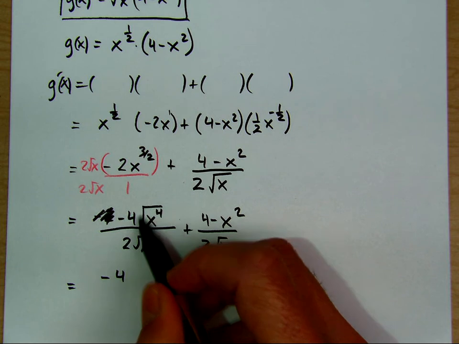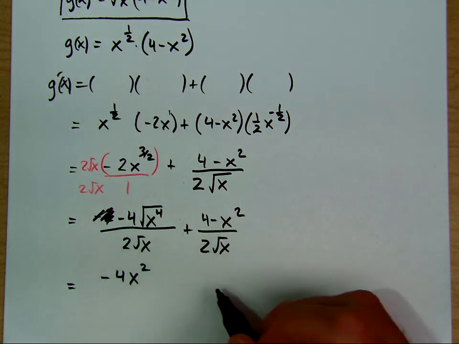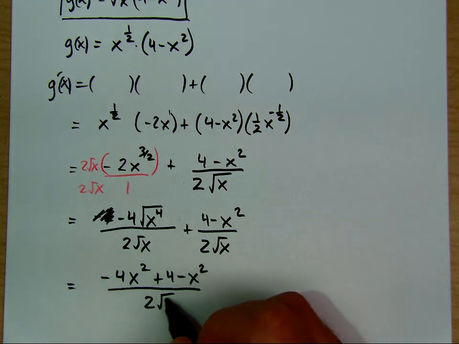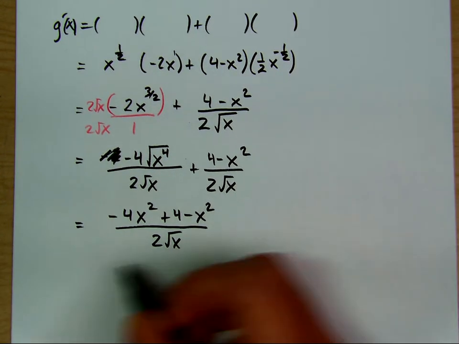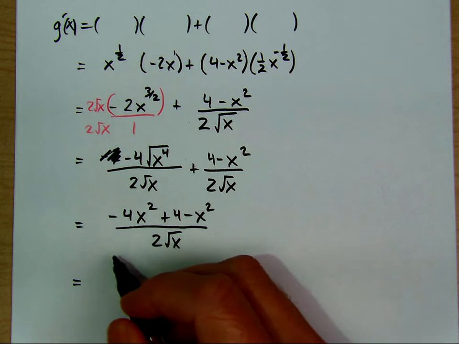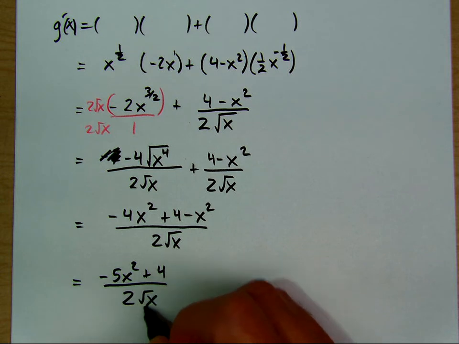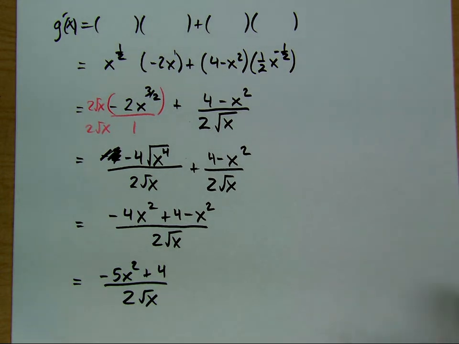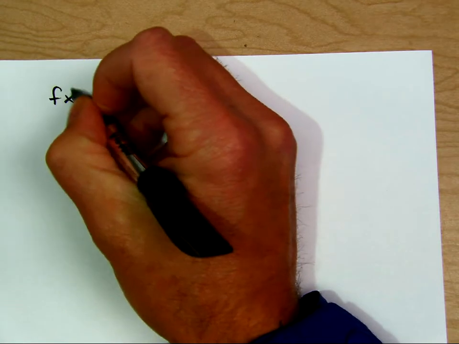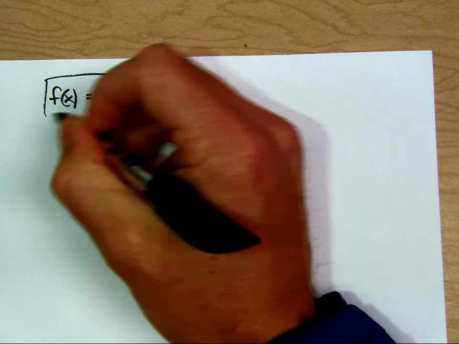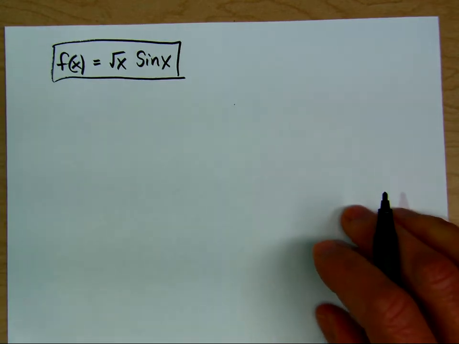This can be rewritten as x squared plus 4 minus x squared, and we'll just combine that to get negative 5x squared plus 4 over 2 radical x. Okay, pause the video and try that one.